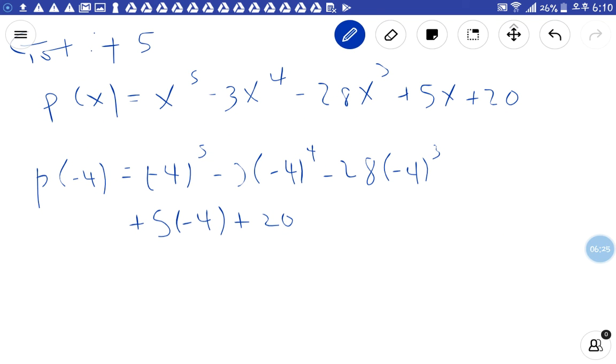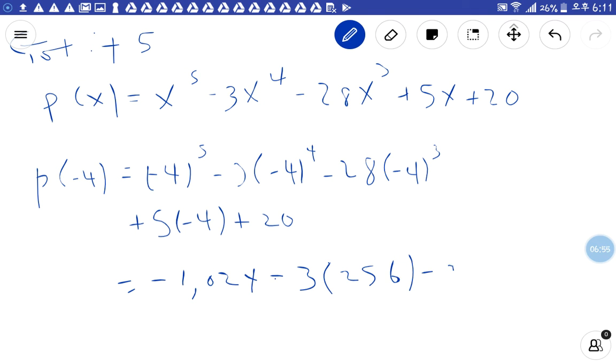Okay, so negative 4 to the 5th power. What is negative 4 to the 5th power? 4 to the 5th power would be 1024, but my answer is negative 1024, minus 3 times 4 to the 4th power. 4 to the 4th power, that's 256. That should be positive.